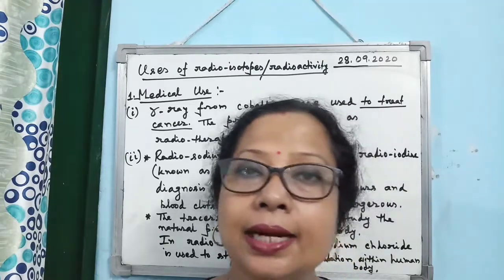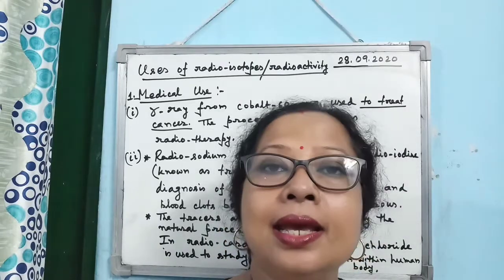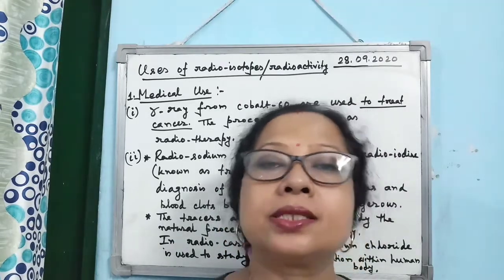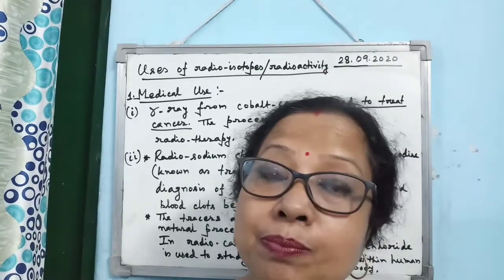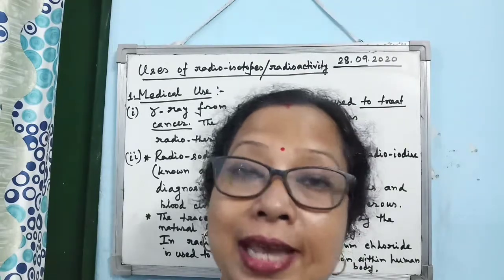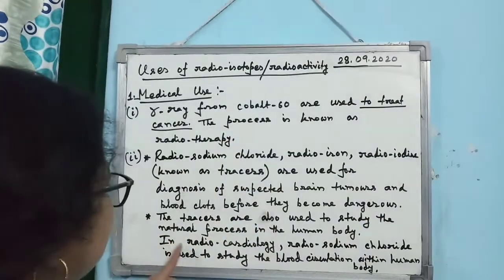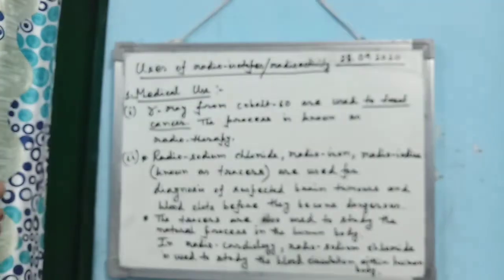It gets circulated with the blood in the entire body, and you can study how blood circulation takes place in different parts of the body by following the trace of the radioactive radiation left by the radio sodium chloride.